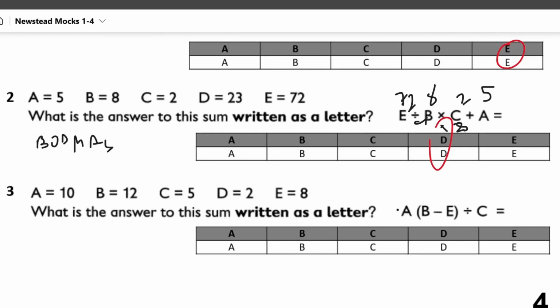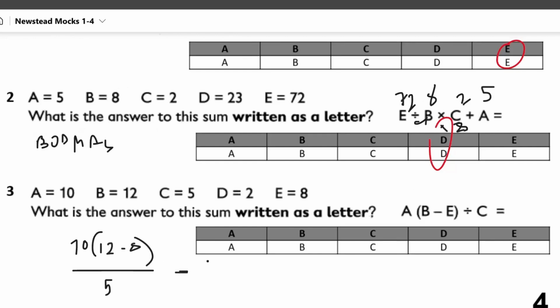Next question, we have 10 on the outside. In fact, let's do it over here. 10, we have 12 minus 8 divided by C. Divided by 8.